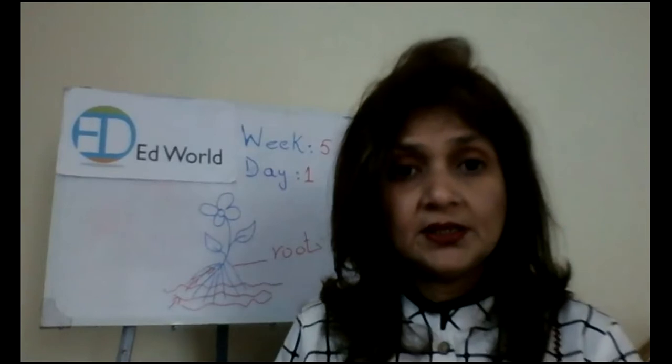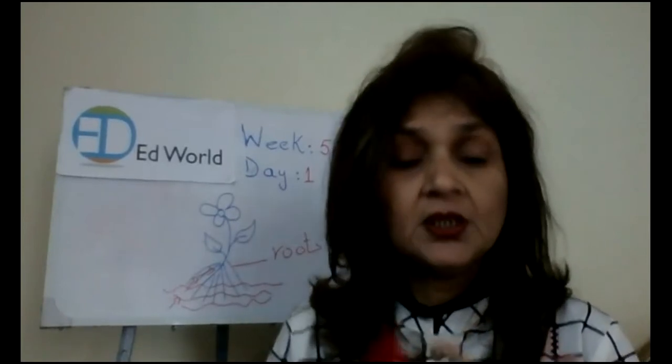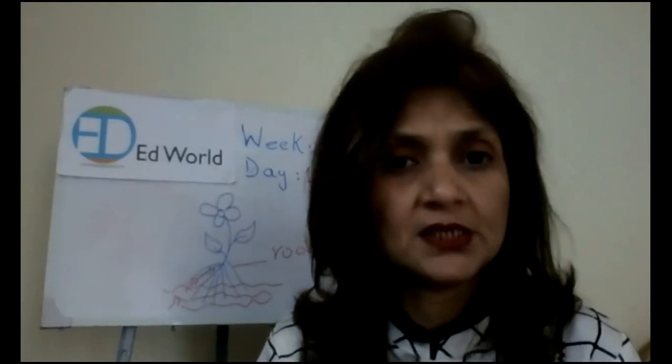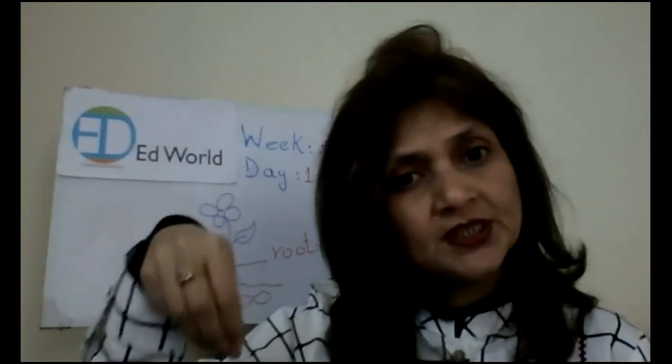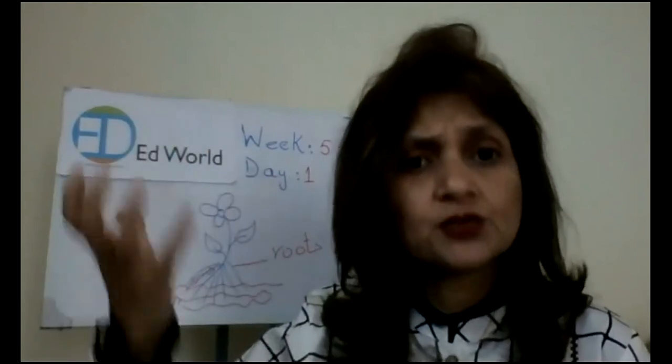So this was the basic thing that needs to be very, very clear: what are roots, what do they do, what is their main function. As I have shown you in the video, you have seen how to plant, right? We first put the seed in the soil, then we gradually put water, and gradually the plant is going to grow.